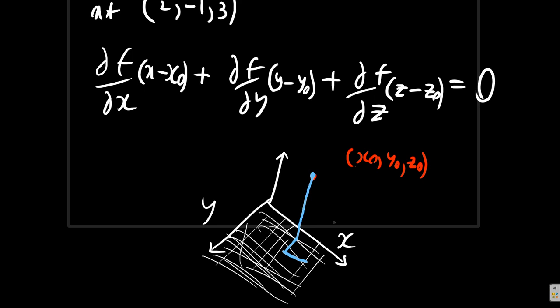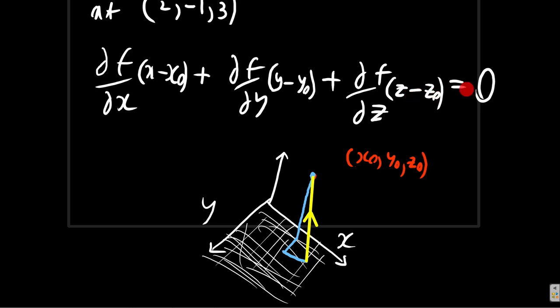You could replace this by one straight vector, that vector there, but the vertical and horizontal components would be the change in x, change in y, and change in z. The change in x would be x minus x0, the change in y, y minus y0, the change in z, z minus z0. Alright?